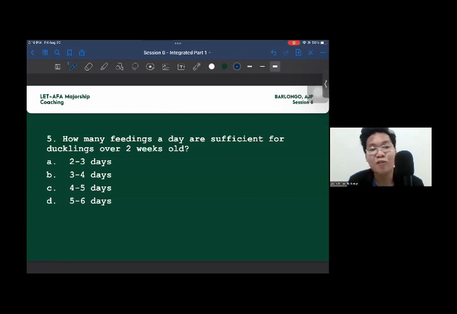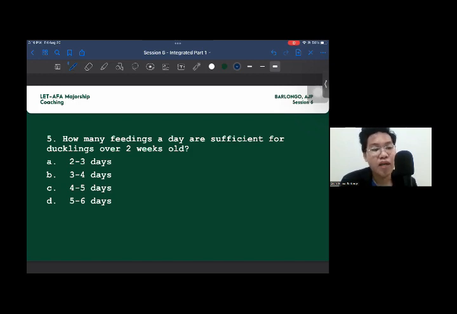If you have spare time, you can look at different guides from the Department of Agriculture, for example, how to grow ducks, how to grow swine, things like that. You can look for files from the Department of Agriculture. Later, I think I can send the source I used for the ducks, and I think there is also one for swine. So, how many feedings a day are sufficient for ducklings over 2 weeks old?